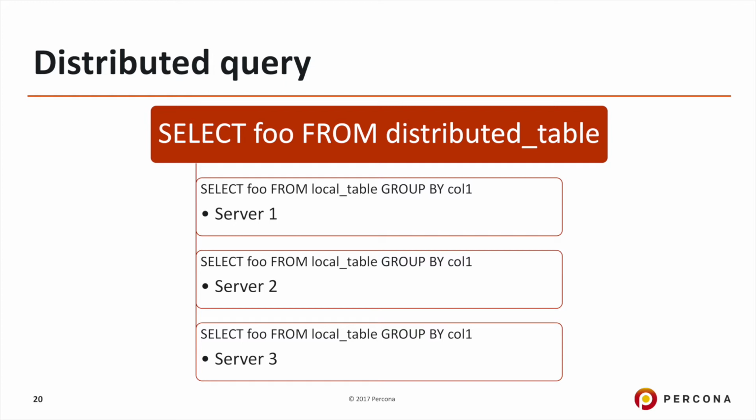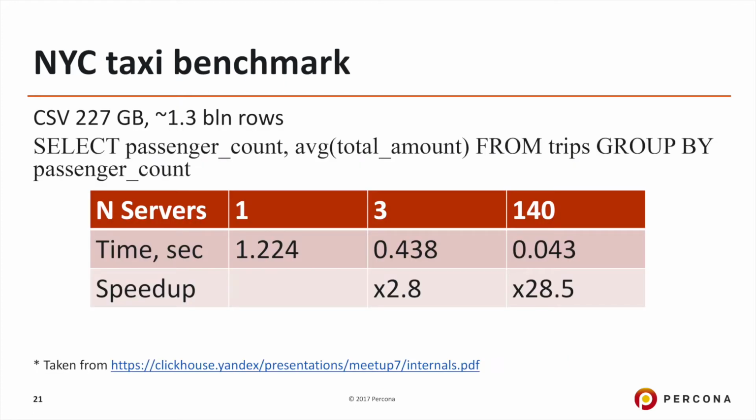In the case which I show, you can deploy on 3 nodes, and then when you execute a query against a distributed table, there is efficient execution: the query is executed in parallel on each individual server, and then results are aggregated on a central node. So ClickHouse is able to distribute the load in parallel on multiple servers.